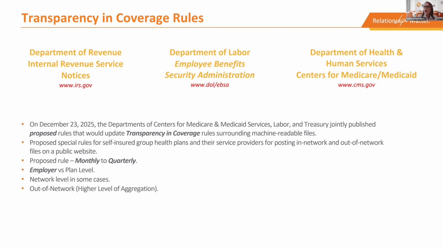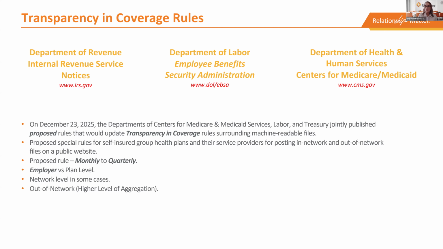Then moving on, I'm just reiterating the same URLs, but I did want to point out that on December 23rd, for those of you that are subject to transparency and coverage rules, grandfathered plans, a lot of the provisions do not apply to you. But for the rest of you, on December 23rd, some proposed rules came out.